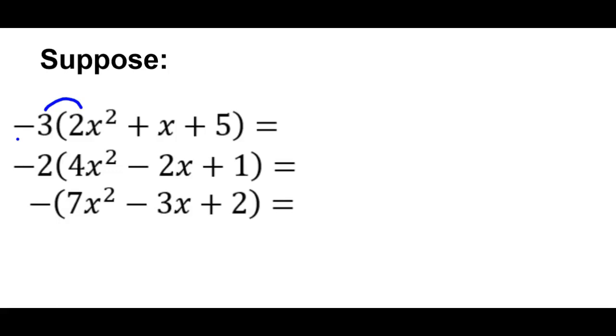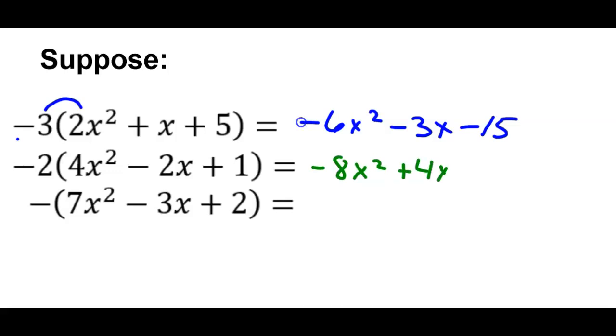For that first one, what did you get? Somebody. Or minus 3x. Okay. Yeah. Okay. What did you get for the next one? Negative 8x squared plus 4x minus 2. What did you get for the last one?